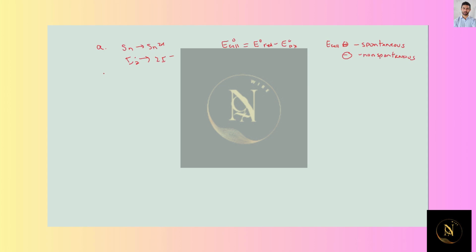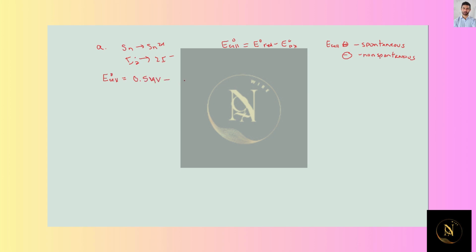For this reaction in part A, you're going to look up your numbers in Appendix E. The reduction reaction is the I2, and that E is equal to 0.54 volts.